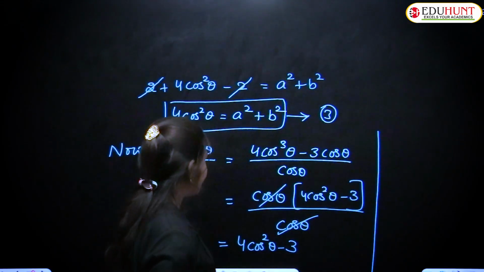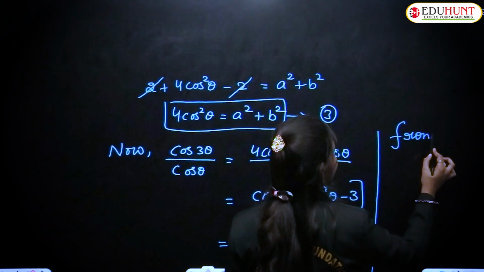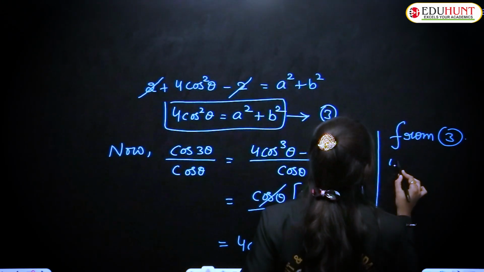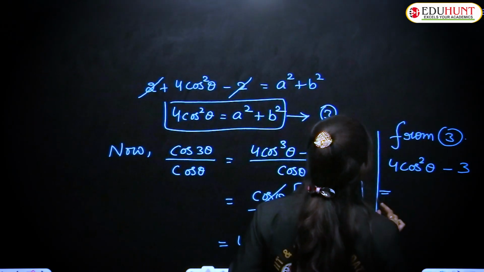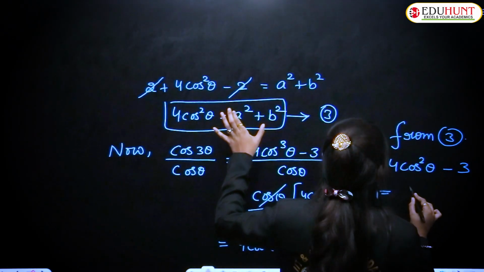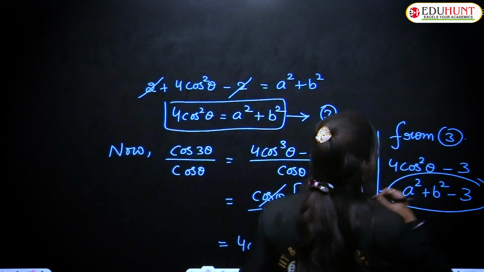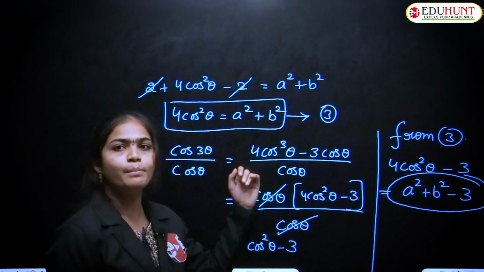So here we can take that 4 cos square theta from the third equation. 4 cos square theta minus 3 is equal to a square plus b square minus 3. So what is that answer? a square plus b square minus 3.